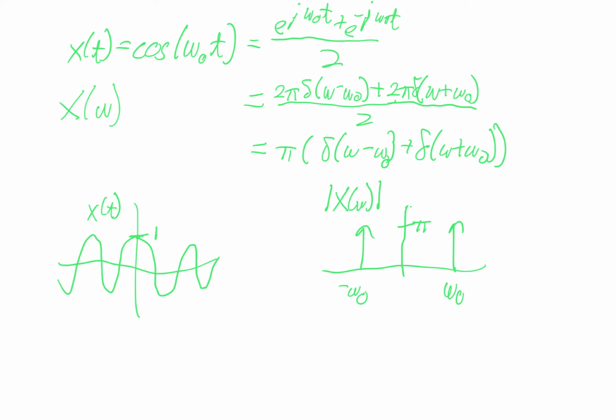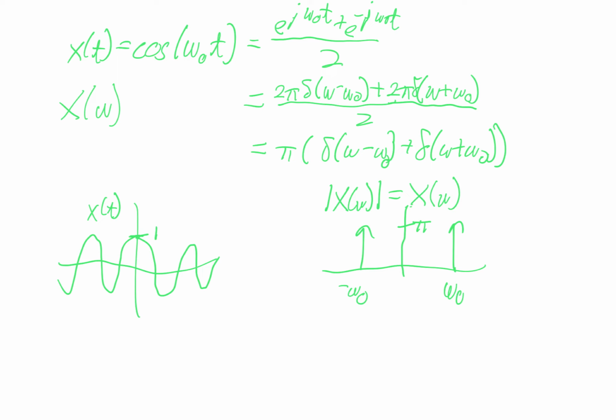So let's let that be 1 here. In this particular case, the Fourier transform is completely real valued, and that will happen any time I have an even signal, because the imaginary parts disappear.